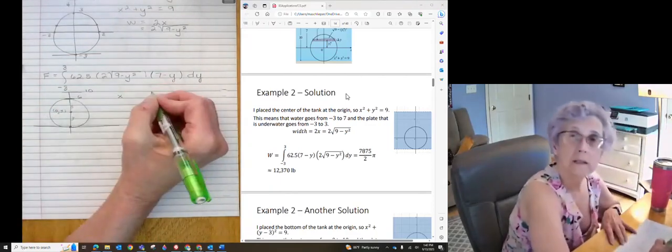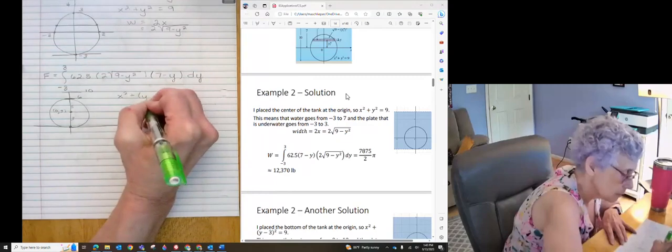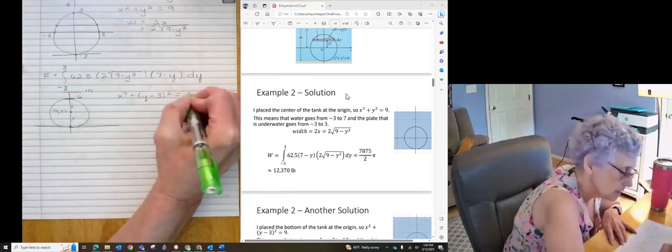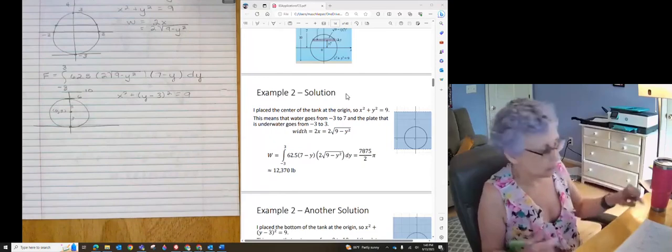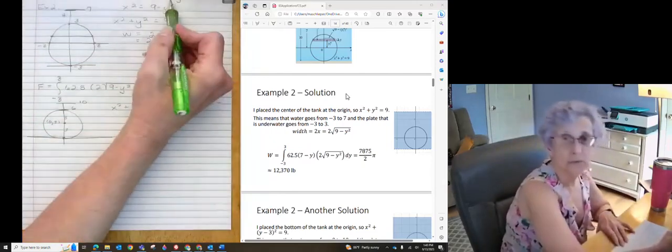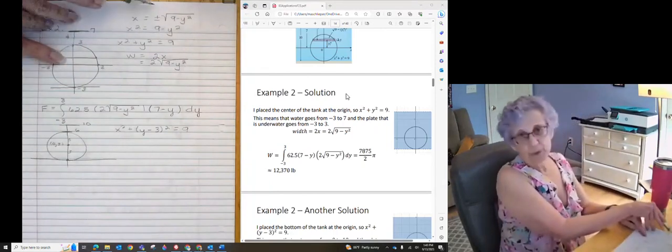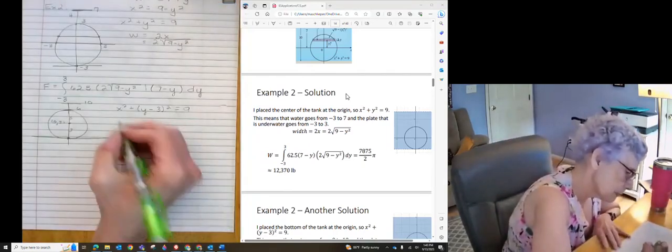It's x minus 0 squared plus y minus 3 squared is equal to 3 squared. That's the only difference in the formula. So if you put your center at the origin, your formula's a little bit simpler. We're plugging it into a calculator, so who really cares?